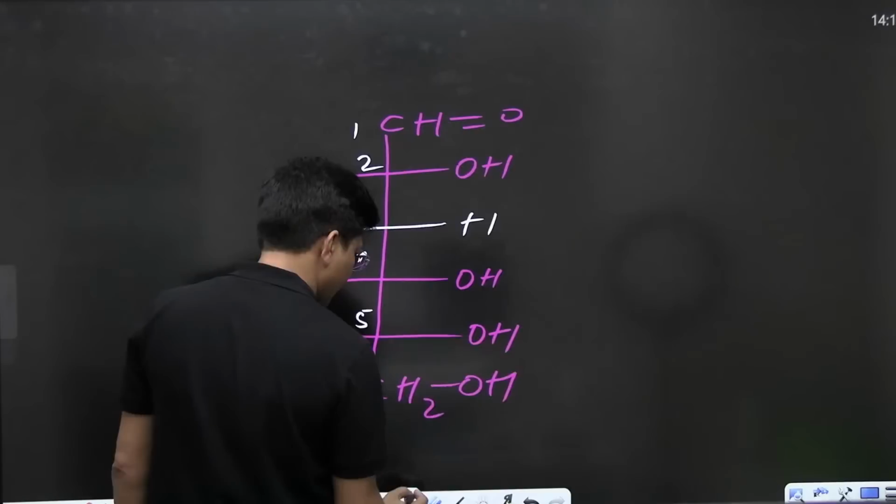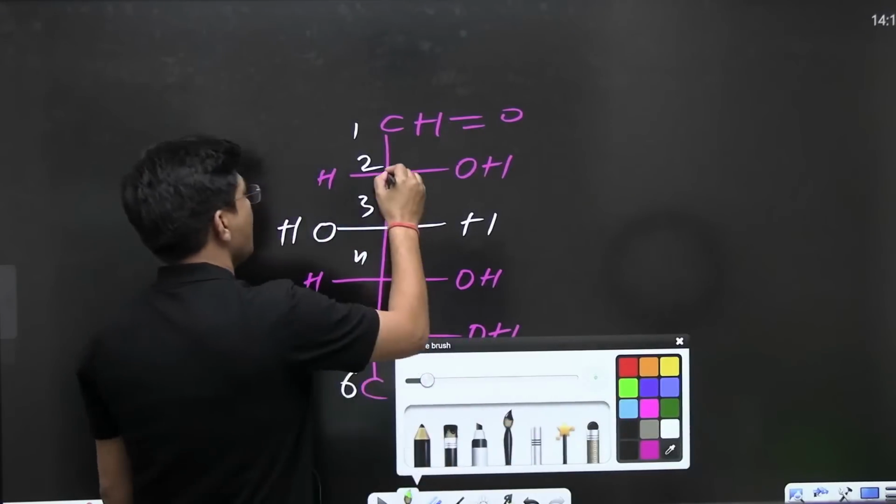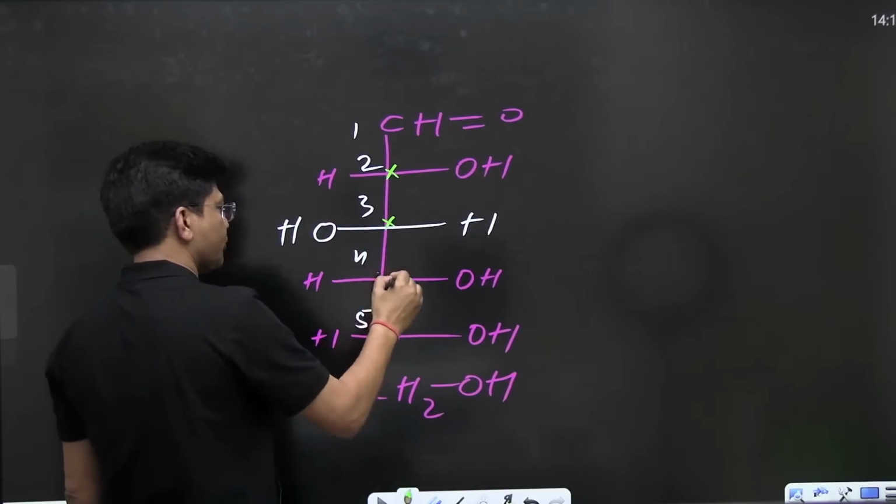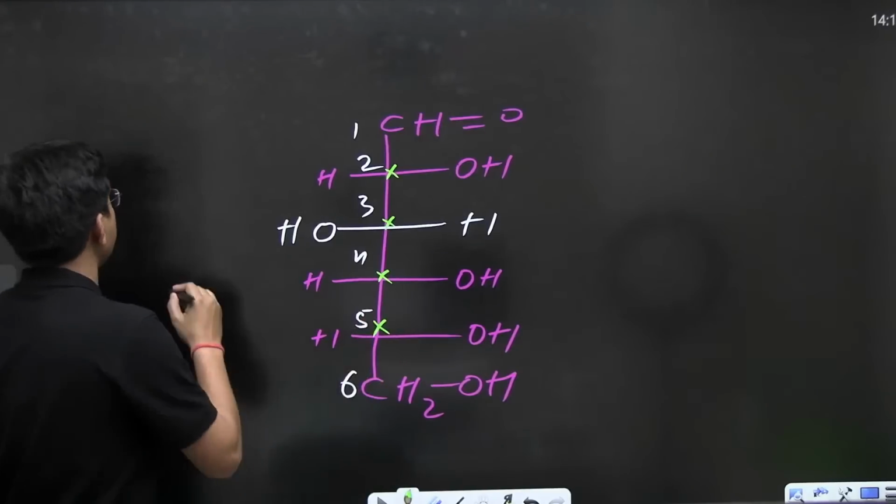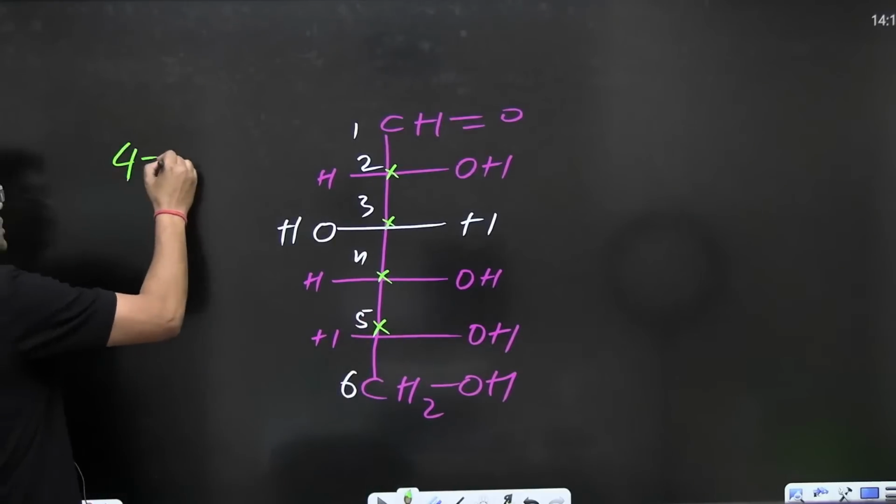These two are on the same side, that's why it is capital D. 1 chiral carbon, 2 chiral carbon, 3 chiral carbon, 4 chiral carbons. That means there are 4 chiral carbons.